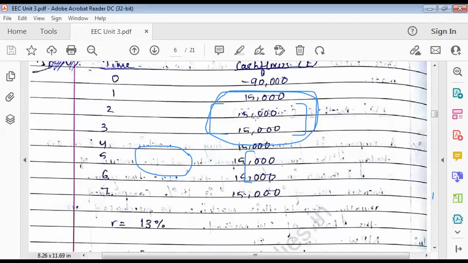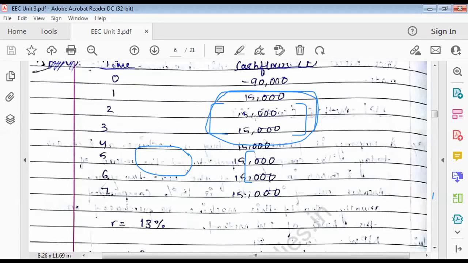What would have happened if the first year's return is 15,000, second year's expected return is 17,000, third year's expected return is 14,000, fourth year's expected return is 10,000, sixth year's expected return is 19,000, that way.